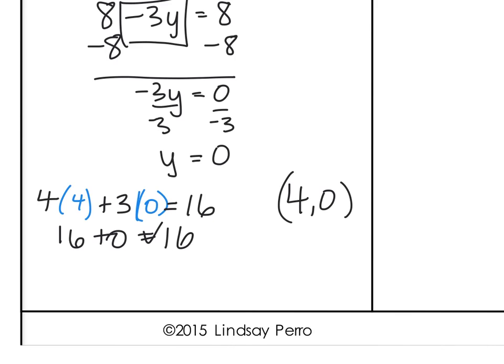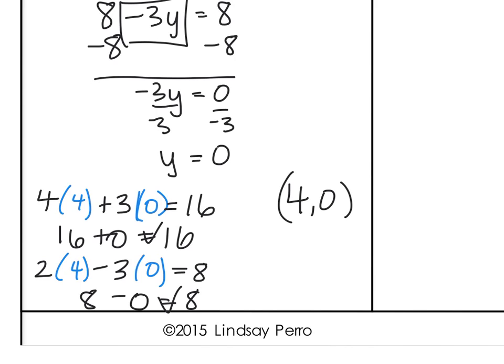The second equation was 2 times 4 minus, couldn't read my own handwriting there, minus 3 times 0 equals 8. So that's 8 minus 0 equals 8, and that also checks out. So our solution is (4, 0).